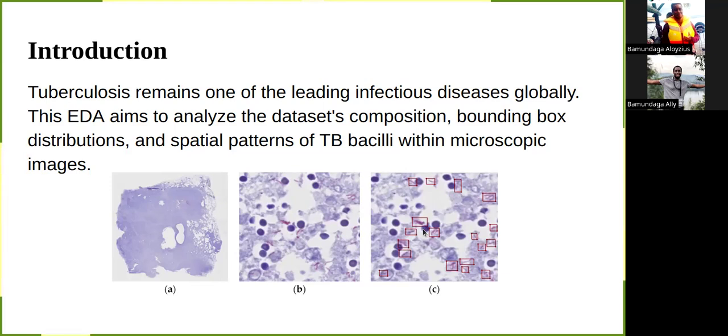So then we get to annotate the different bits of the bacilli. As we see the annotations here, the sizes of the bounding boxes, the width and the height, we are going to see some visualizations down there to probably bring this out, the sample of the dataset.